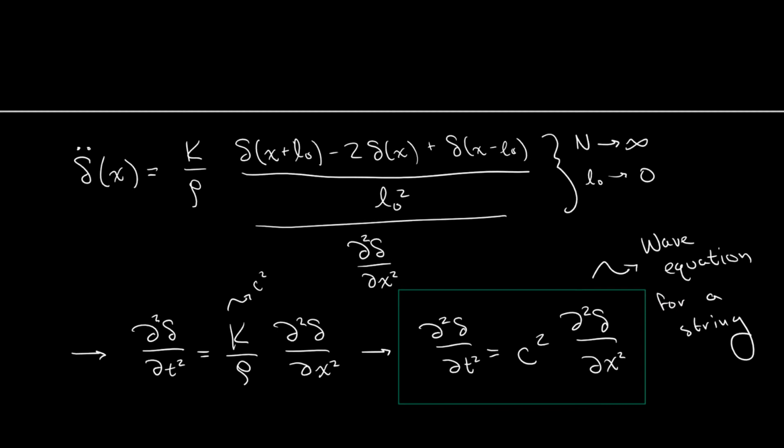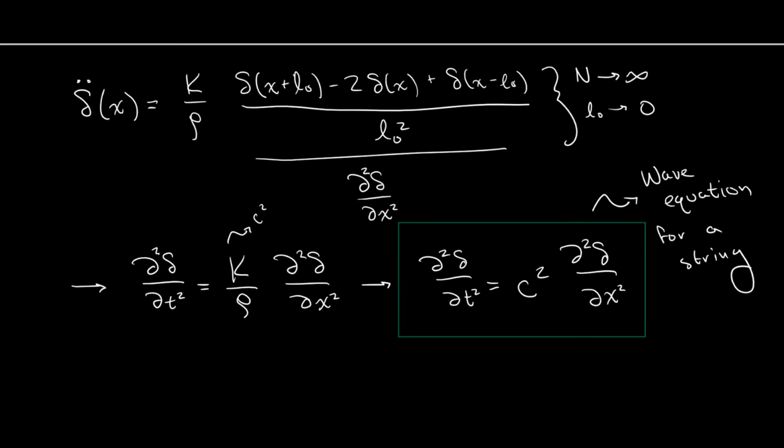A one-dimensional string. So this in particular describes essentially density perturbations in the string, right? Because if I have some region of high pressure here, that's the same as essentially compressing springs in that region.